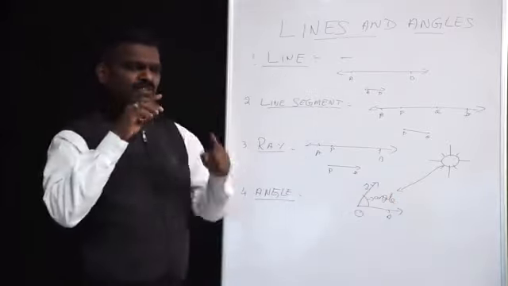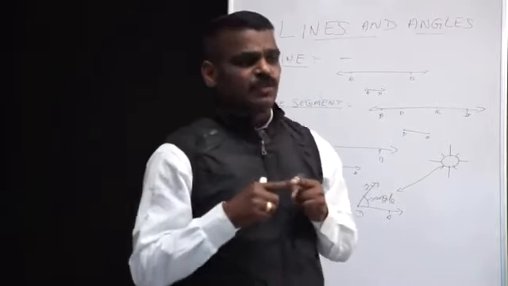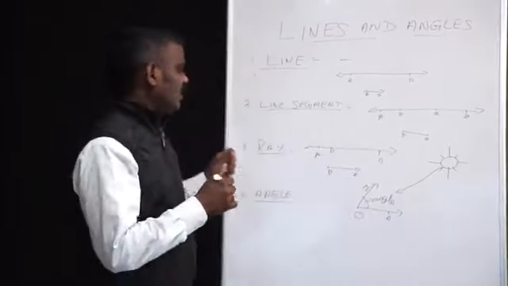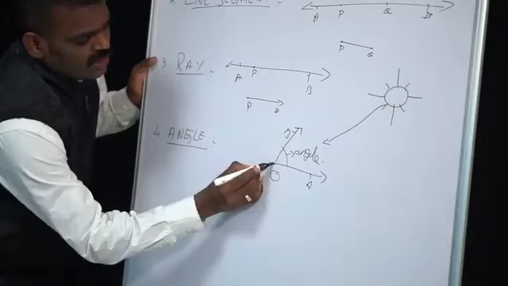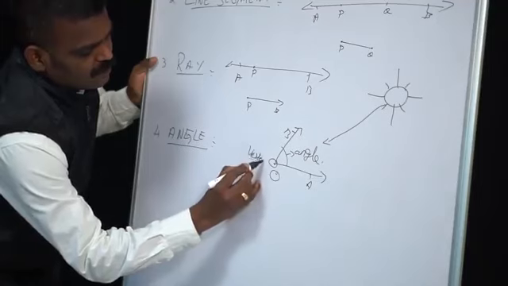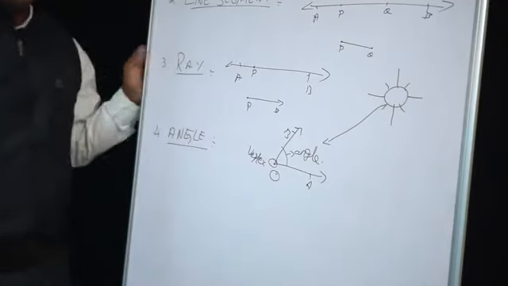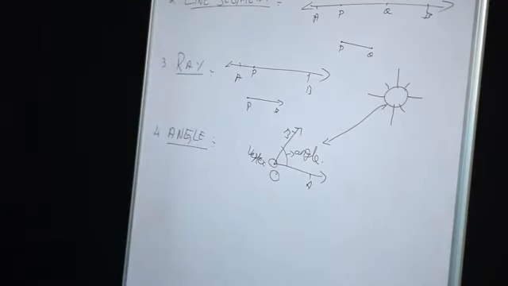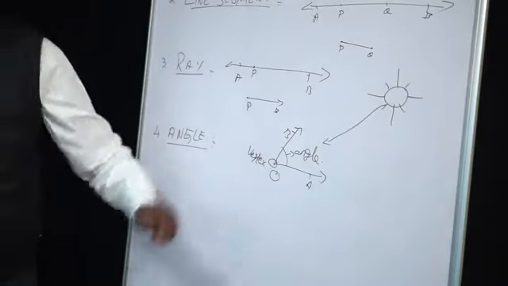And the point of junction of the two rays' starting points is called vertex. This point is called vertex. Clear? Vertex.